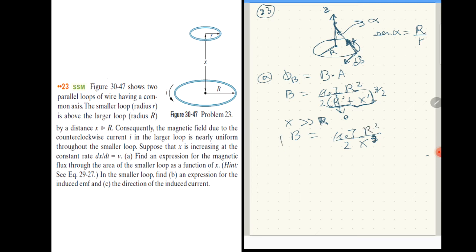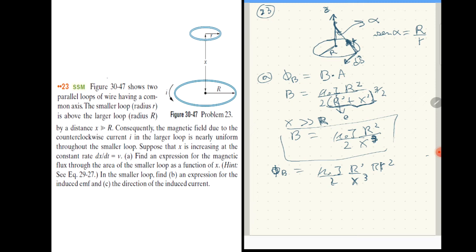This is the magnetic field, and you only have to multiply by the area of the little coil to obtain the magnetic flux. I think you know the area of the little coil because that's a thing from high school, pi r lowercase squared. So this is the expression for the magnetic flux across the little coil.